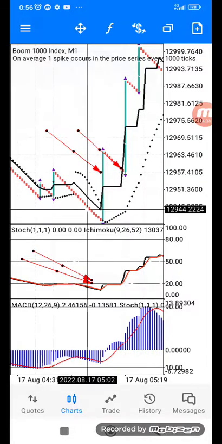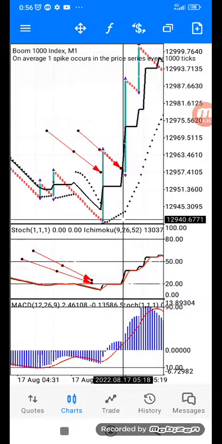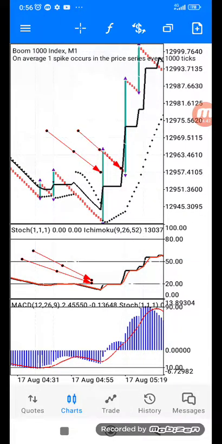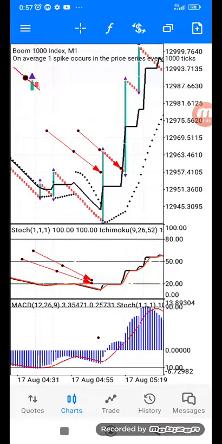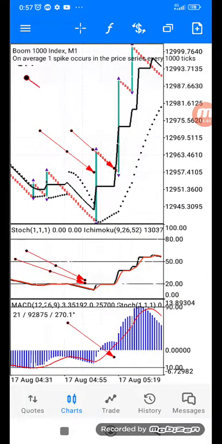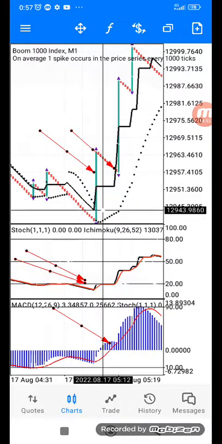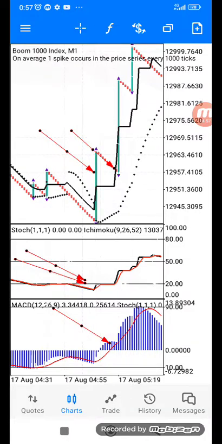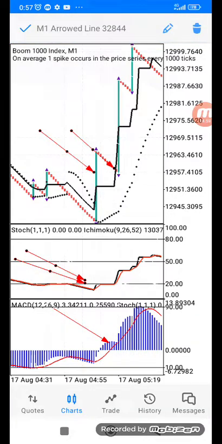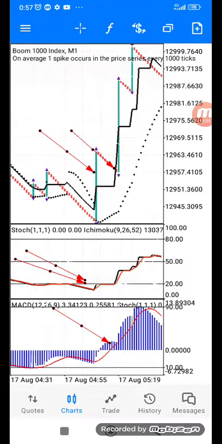So that is why we have a spike that happens, and as at the time the spike happens, our MACD bars is above zero line, which around this zone here. So it confirms the validity of the signal.